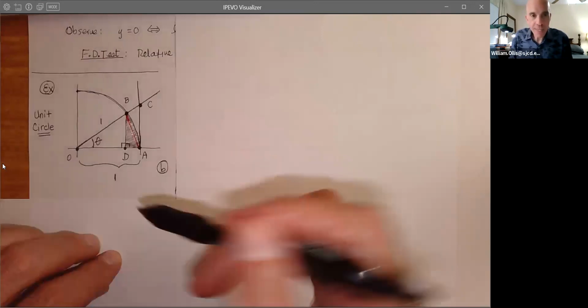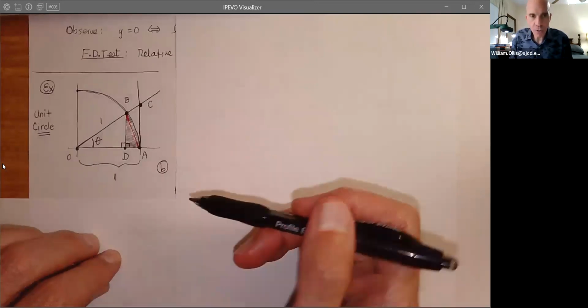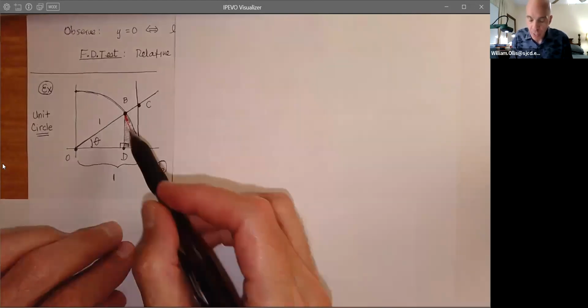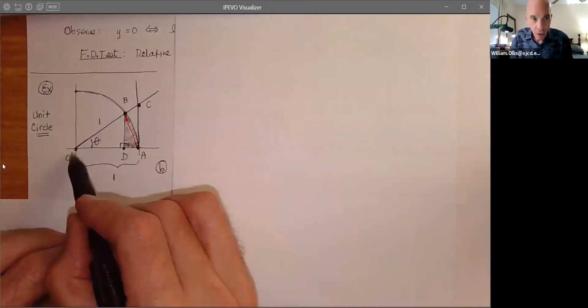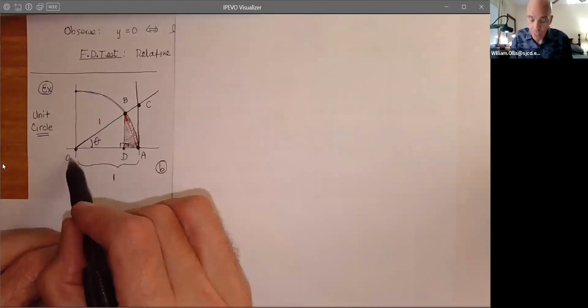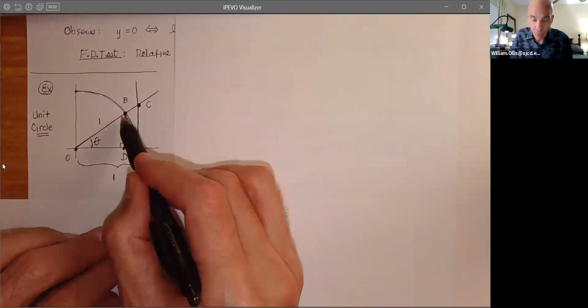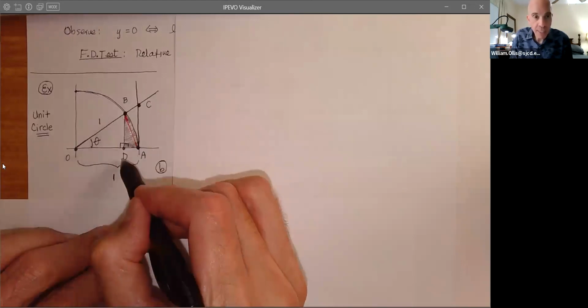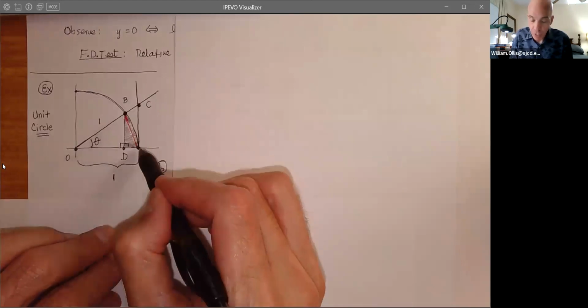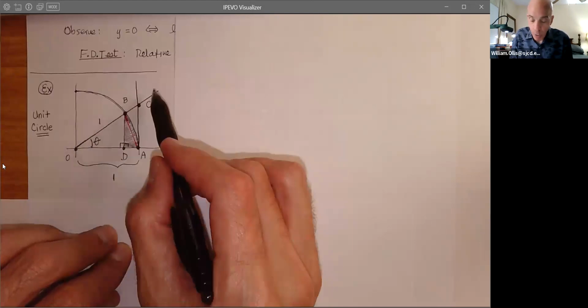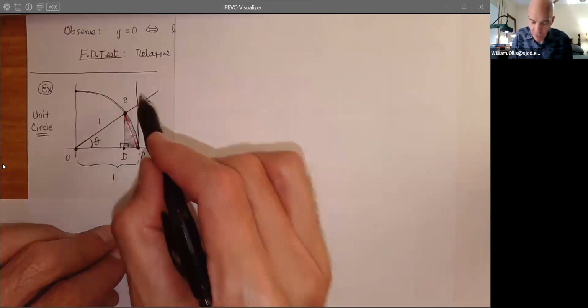And the way this problem is set up, it's actually a L'Hopital's problem, where basically what we want to do is to consider point O, which is the origin, point D, that is from this point of intersection with the line and the circle, we drop the perpendicular to form point D. And then, of course, the intersection of the unit circle with the x-axis, we call that point A. And then, of course, the intersection point on the circle with the line through the origin, we call B. And now, of course, the C up here is what it is.